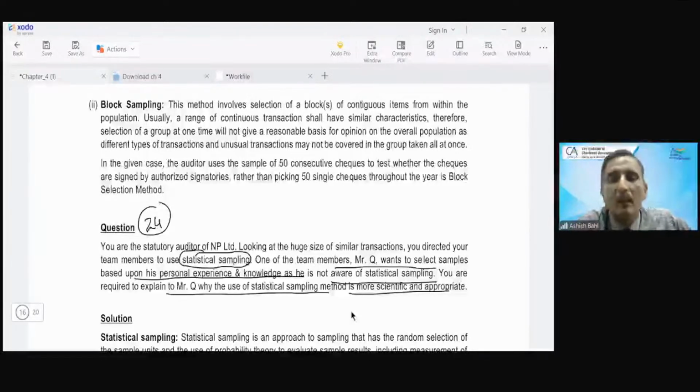So what is the meaning of statistical sampling? You have to write it here. Which are the conditions to be fulfilled for choosing a sample in accordance with statistical sampling?